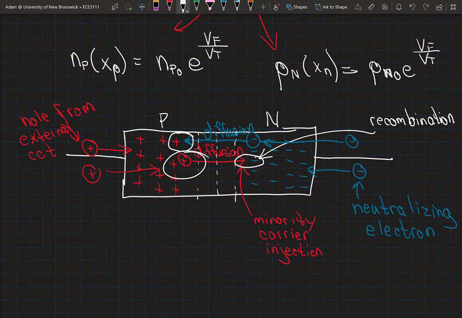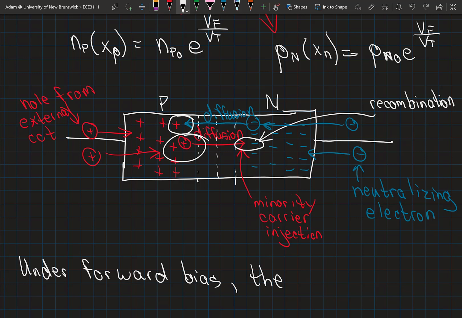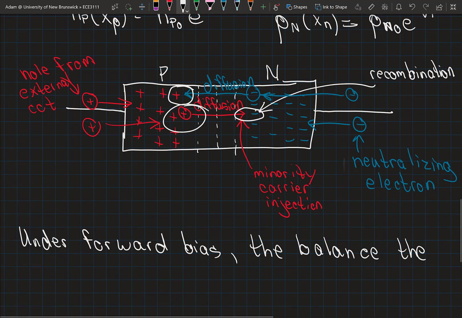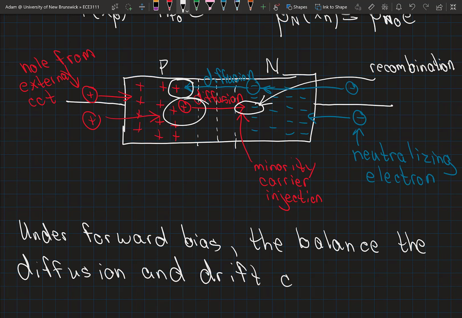Okay, so here under forward bias, the balance that existed previously under zero bias between the diffusion and drift currents no longer exists.